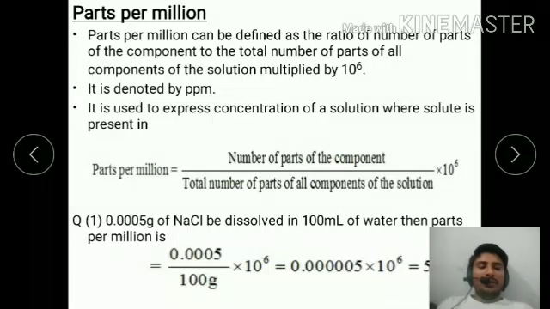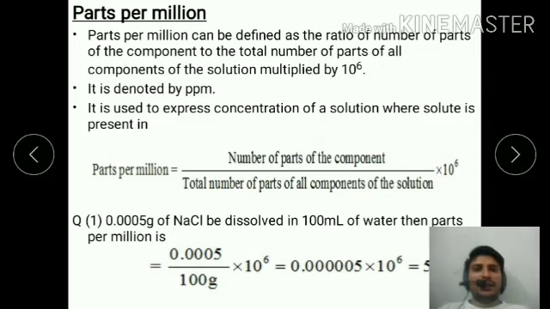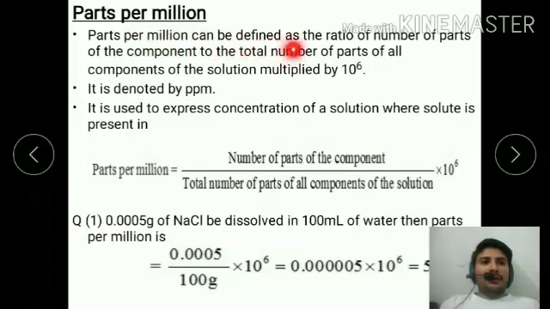Then the next term by which we can determine the concentration of a solution is ppm, parts per million. First you have to study what parts per million is. We use parts per million when a solution contains a very trace quantity of solute. Parts per million is defined as the ratio of the number of parts of the component to the total number of parts of all the components of the solution, multiplied by 10 to the power 6.